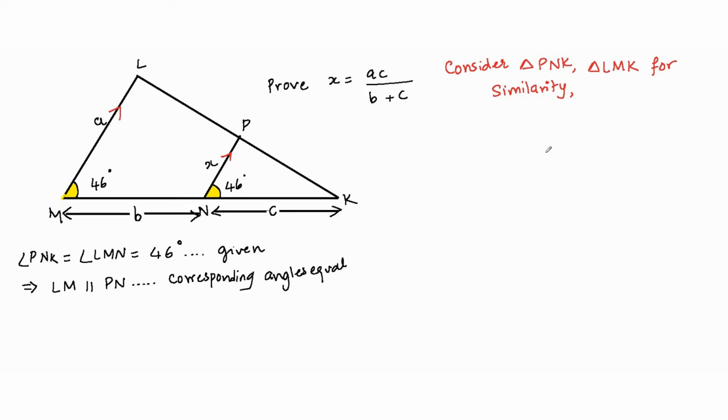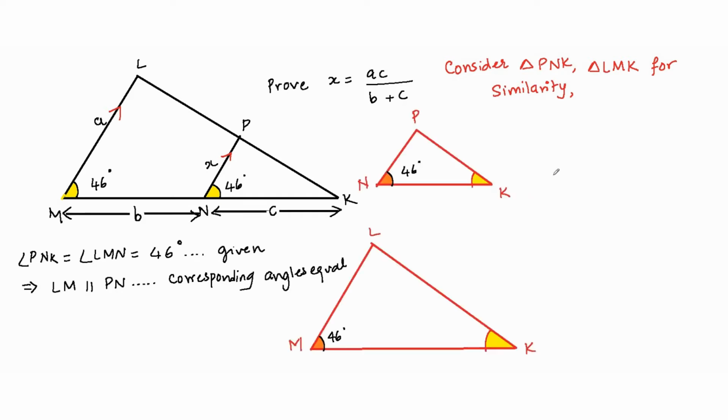So let us draw these two triangles separately now so that we can understand more about these triangles. I have drawn these two triangles separately over here. You will notice that 46 degree and 46 degree, these two angles are equal to each other. So I can say angle PNK is equal to angle LMK. That's given to me in the question. It's given that both angles are equal to 46, and angle PKM is equal to angle LKM because these are again common angles, right?